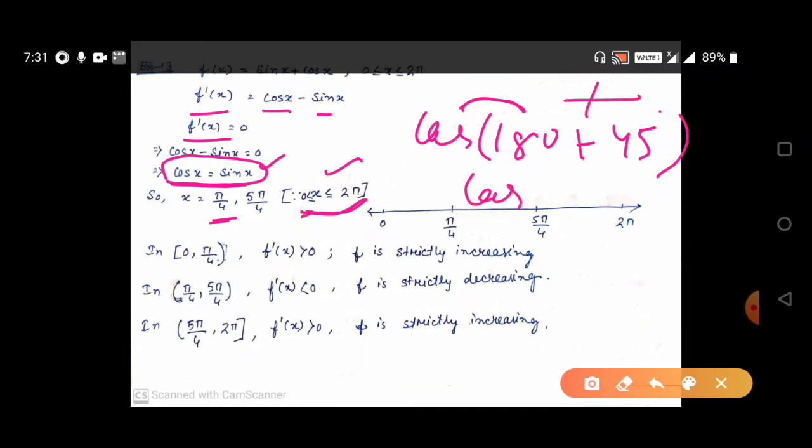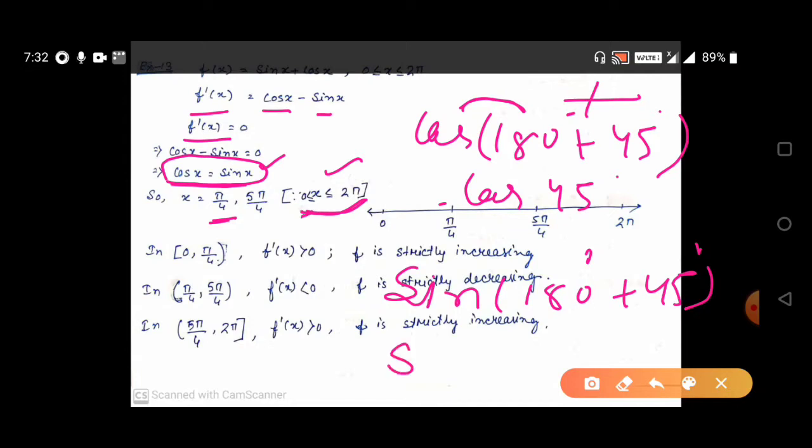180 means 90 into 2, plus 45 means third quadrant. So here it is negative. So minus cos 45 degrees. If we take sin of 180 degrees plus 45 degrees, then sin will remain sin.